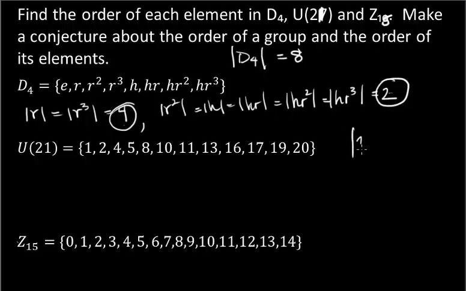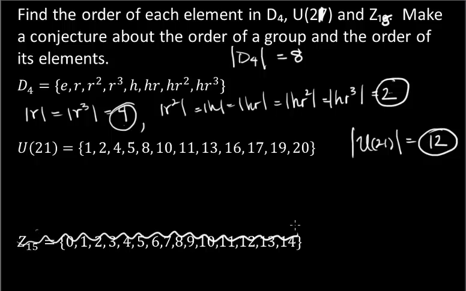So the order of the group itself is 12. And now we're going to look for the orders of its elements. Now I'm not going to do all of them here, but let's ignore Z15 for now, and I'll write that over again later, and we'll do it.